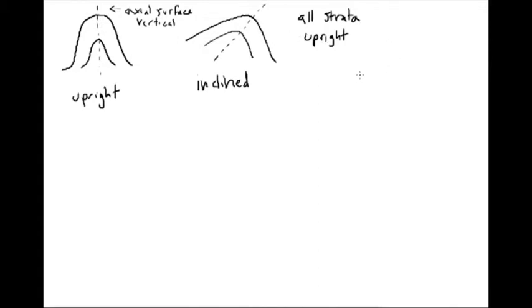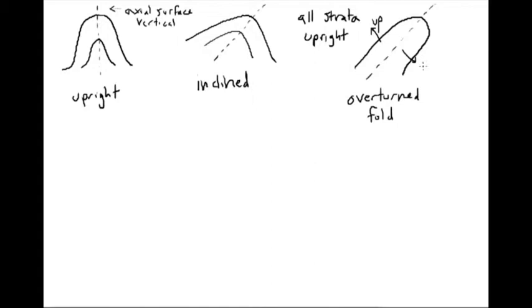If you've got a fold that has, over here, this is overturned, upside down, we call this an overturned fold. So the original sedimentary way up here is upside down.